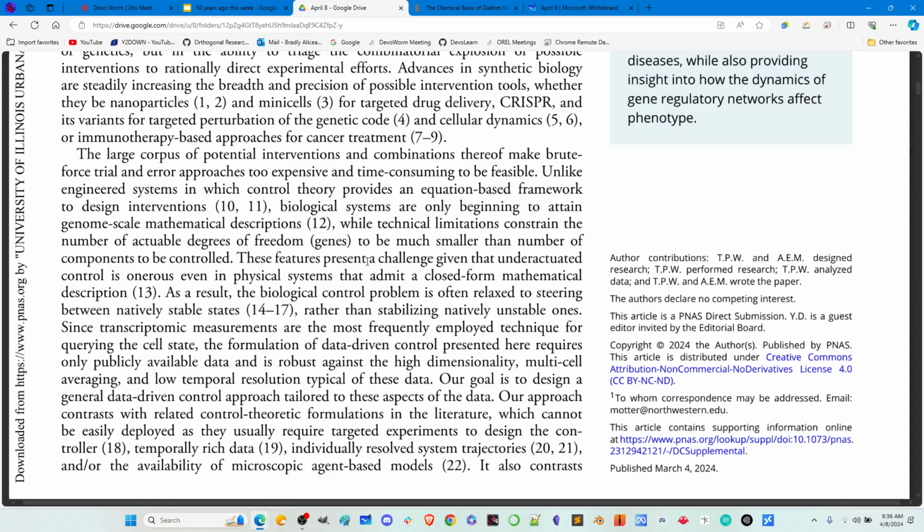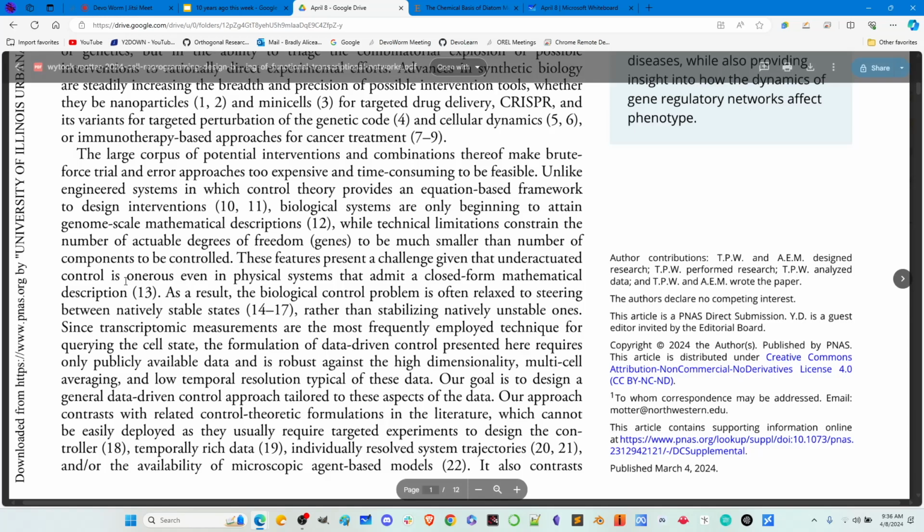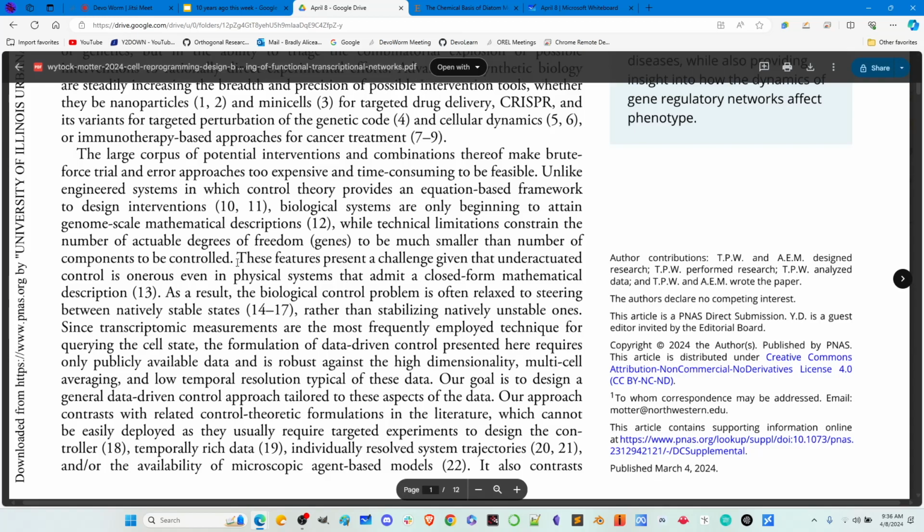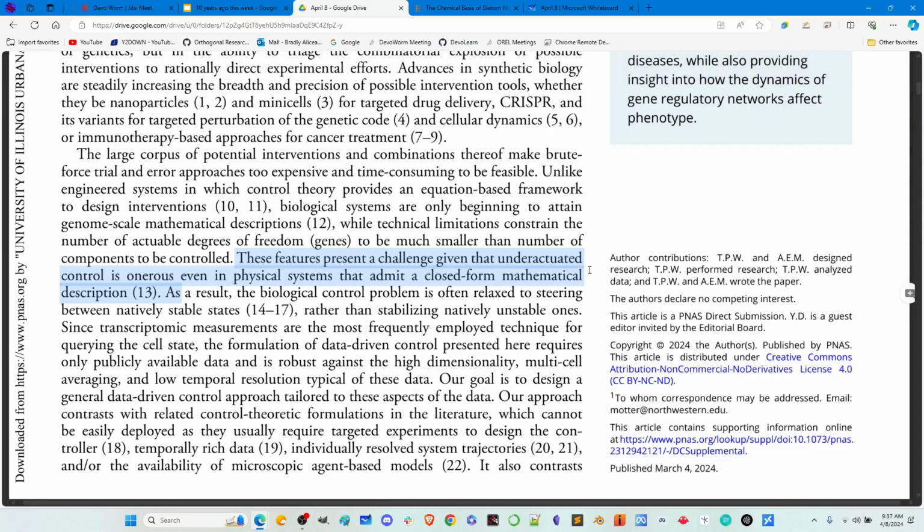So the features presented a challenge, given that underactuated control is onerous even in physical systems that admit a closed-form mathematical description. This is where they talk about underactuation, which is the way they view biological systems. You could say that they're also underspecified, another way of saying this.